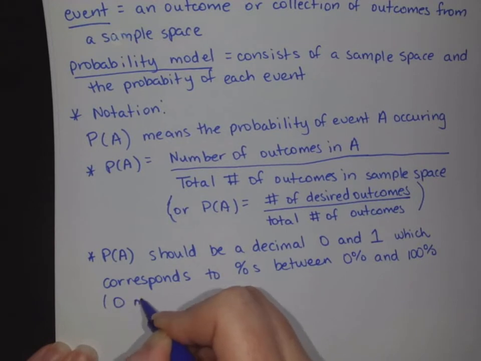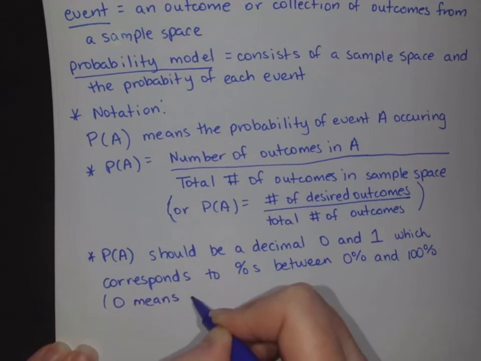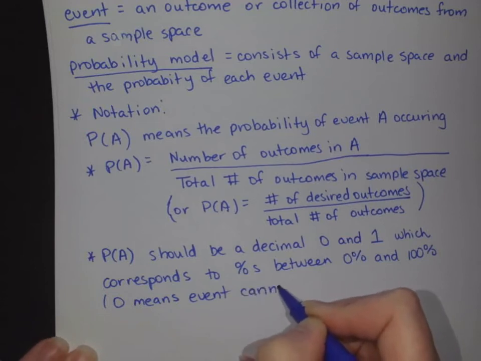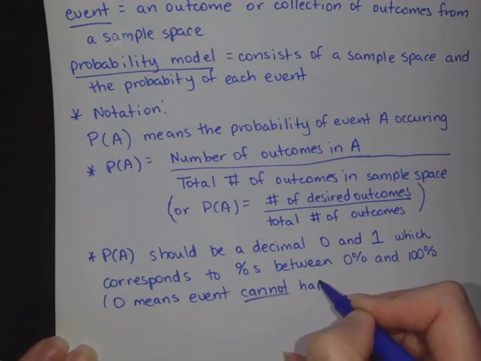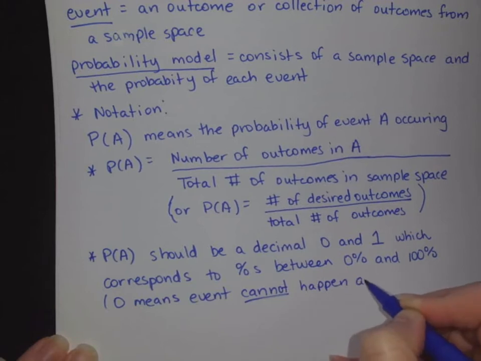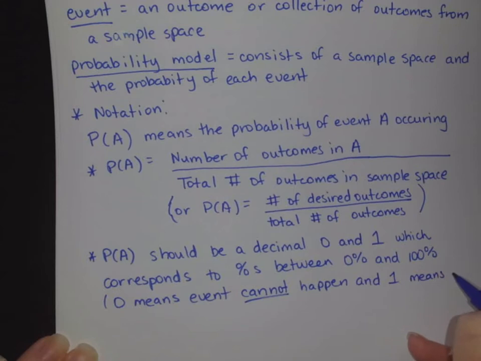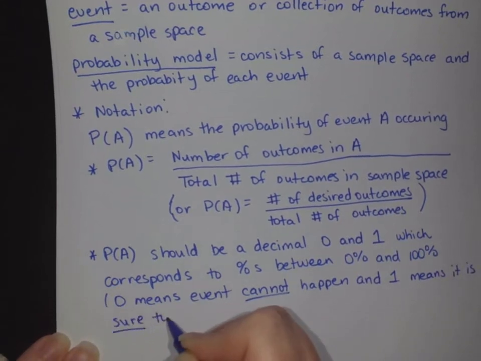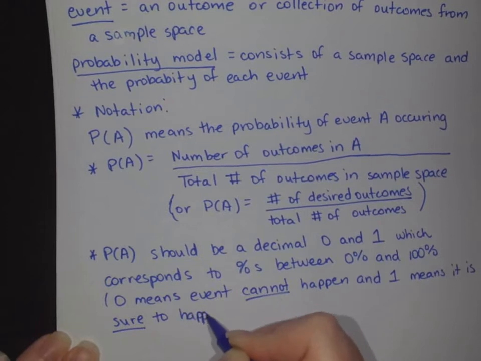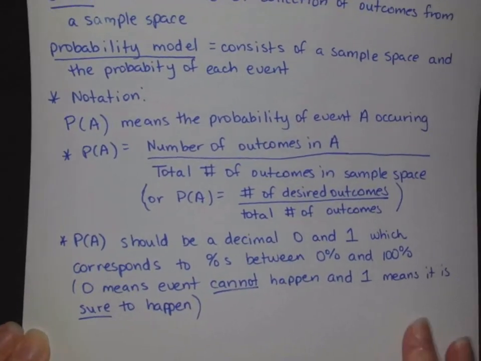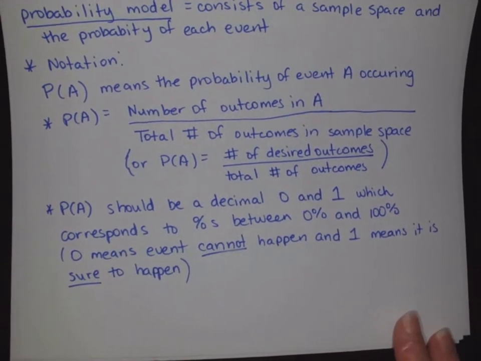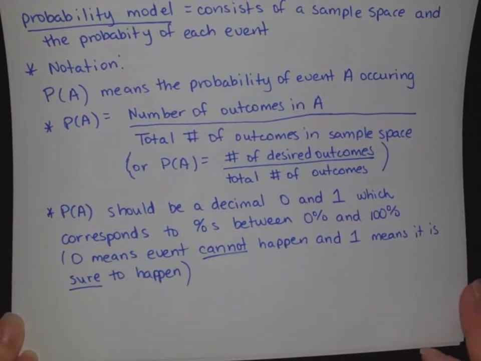A probability of 0 means the event cannot happen, and 1 means it's sure to happen. But often our probabilities will be somewhere in between 0 and 1. The closer it is to 0, the less likely it is to occur. The closer it is to 1, the more likely it is to occur.